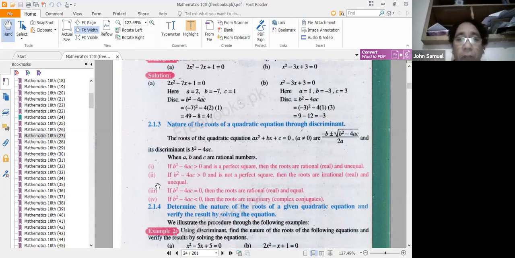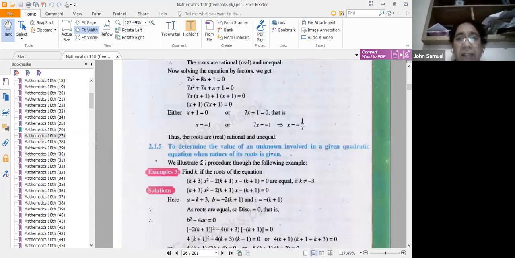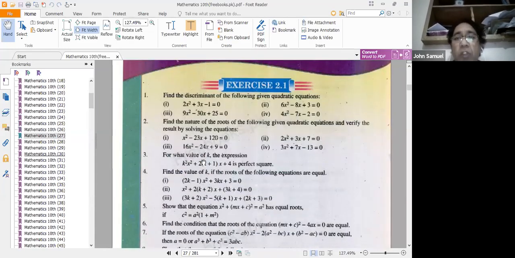So all the four properties, or nature of the roots, or the characteristics of the roots, my dear students, I have done for you in detail. Again I'm moving to the exercise here. According to exercise 2.1, question 1, find the discriminant, you have done.